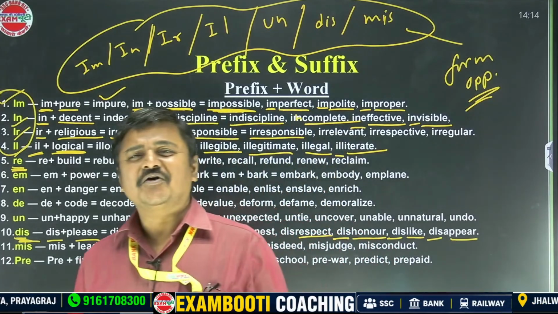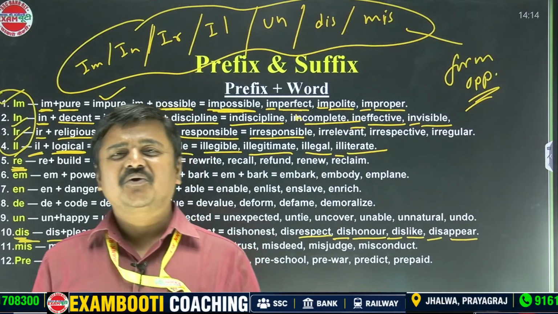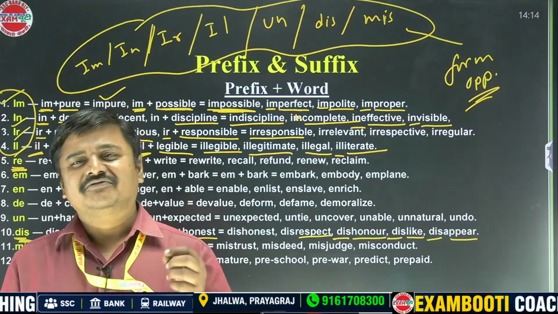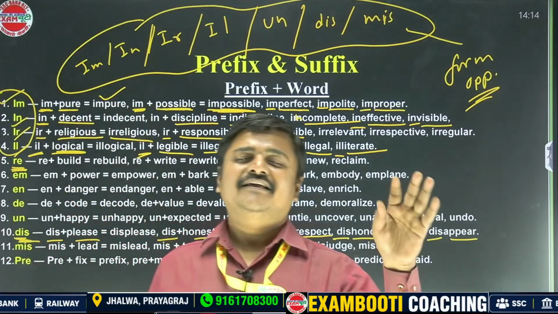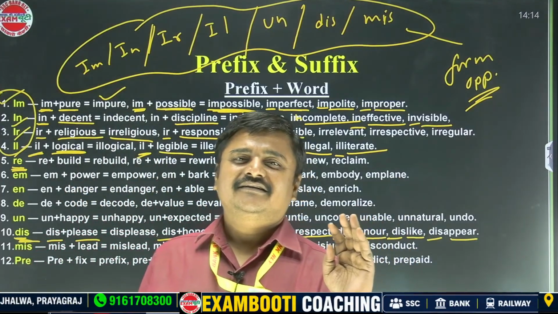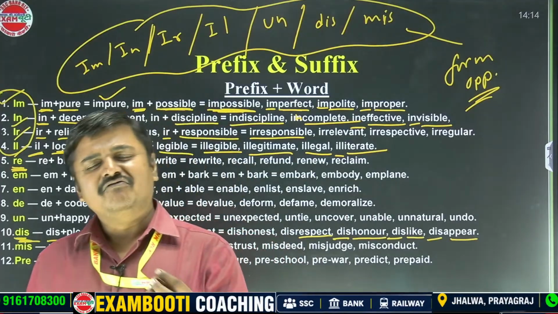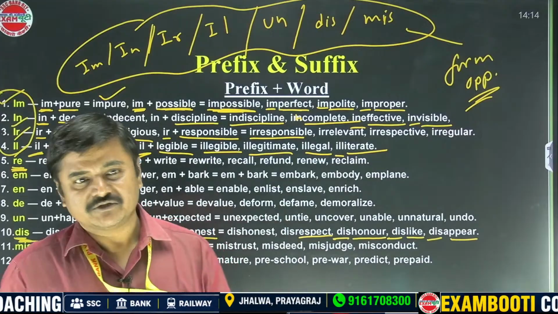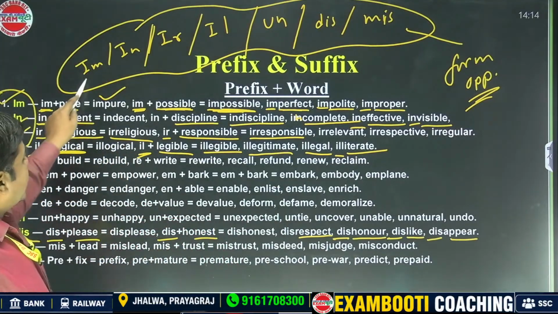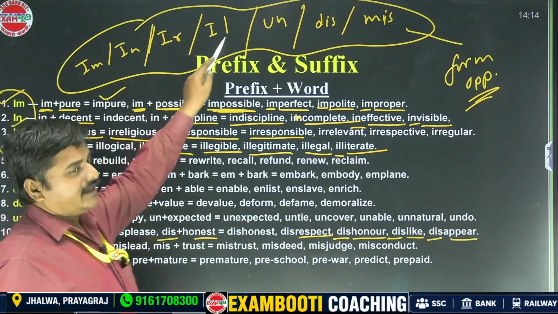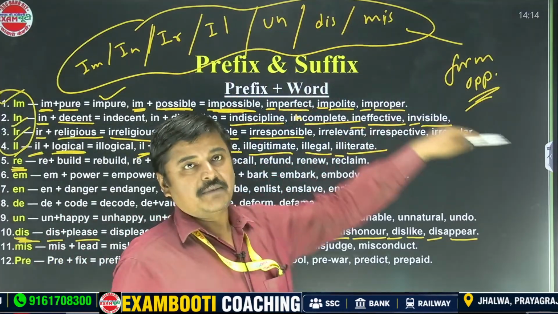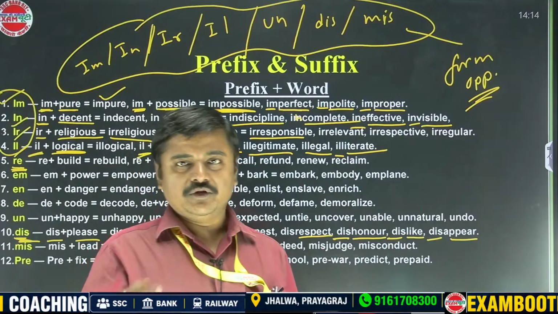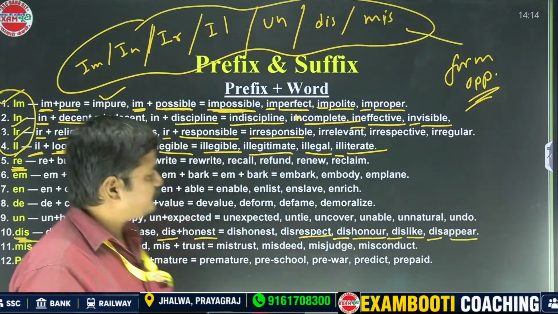You are going to coin and understand the words so easily. They very easily form or create opposite words. So remember this. IM, IN, IR, IL, UN, DIS, MIS. All these prefixes help you to create opposite words.